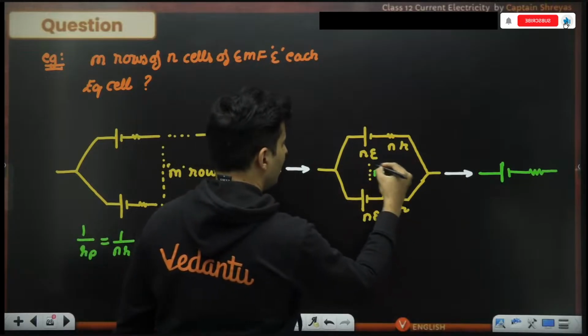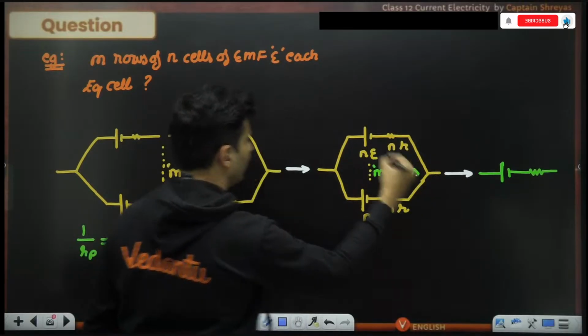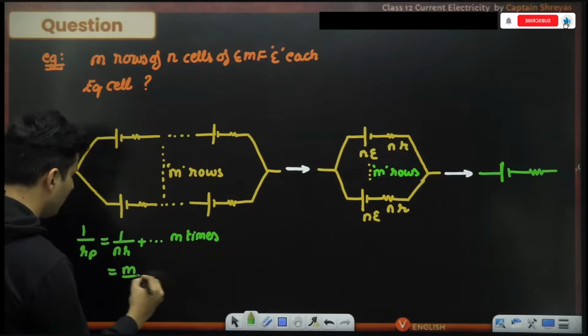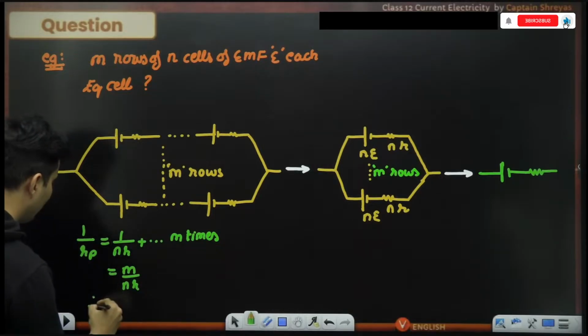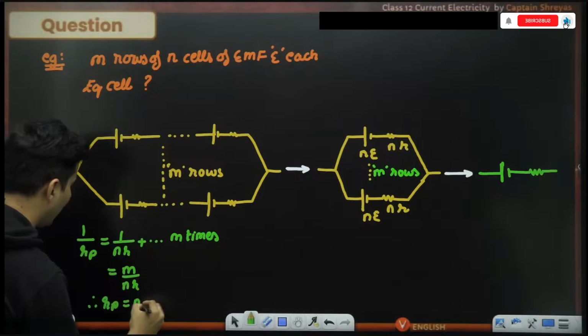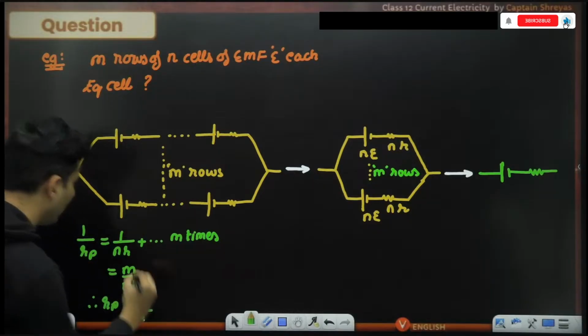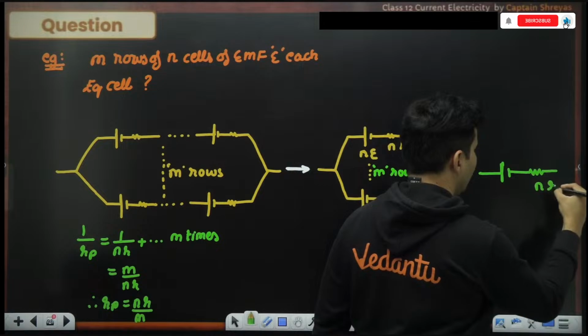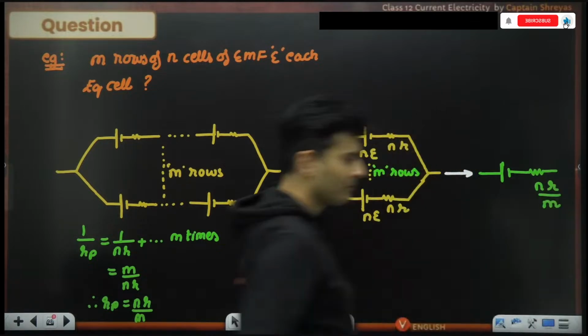There are m number of rows. Do not forget that. So obviously this will be m divided by nr. So therefore Rp will be nr divided by m. Equivalent will be nr by m.